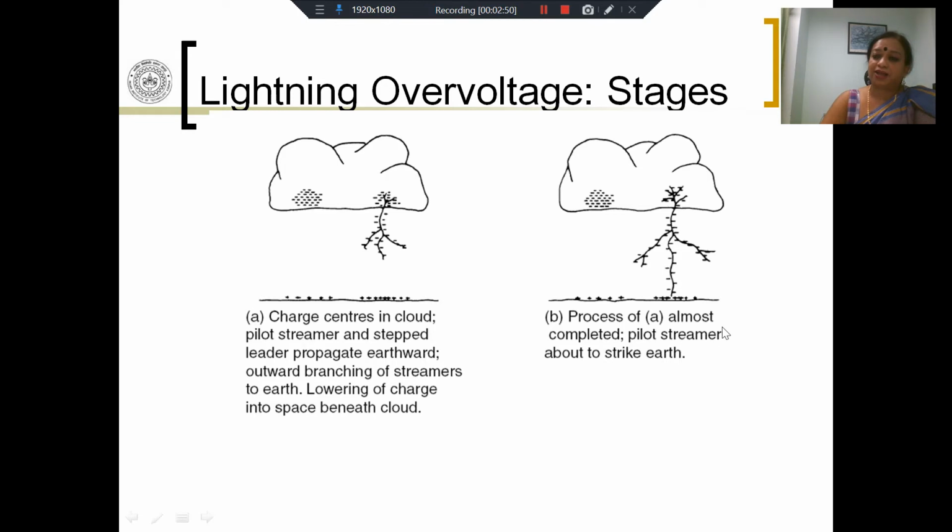We are talking about an instant when the pilot streamer has been considerably lowered towards the earth and it is almost about to strike earth.